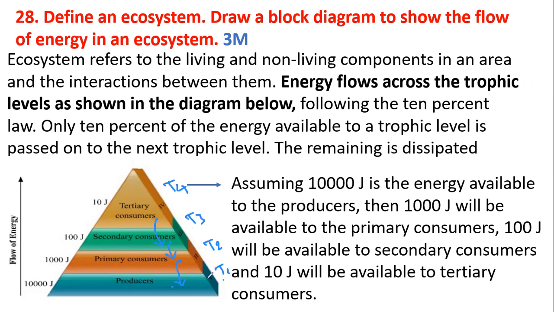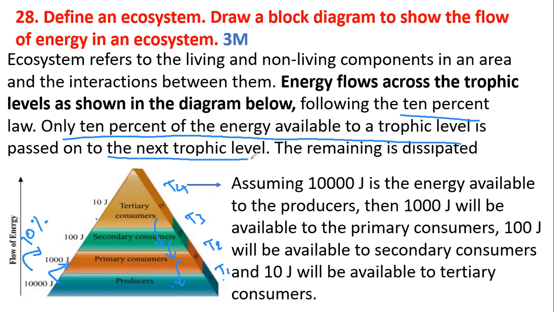While passing energy from one trophic level to another, only 10% of the energy gets transferred. Very minimal energy will pass from one trophic level to another. Okay. So you have to remember this, very important, the 10% law. Only 10% of the energy available to a trophic level is passed on to the next trophic level. The remaining is dissipated, meaning it is wasted.